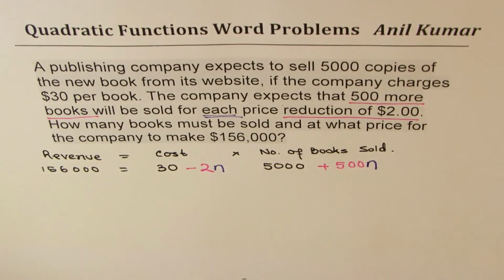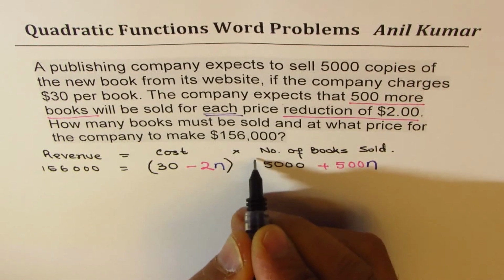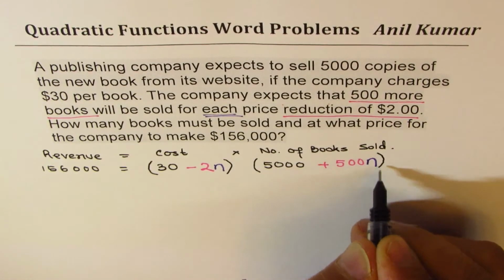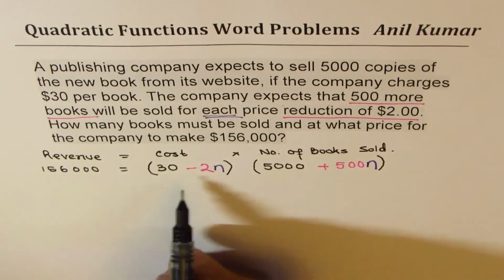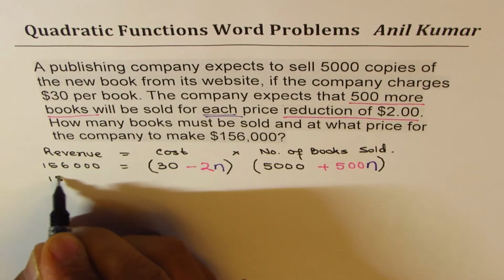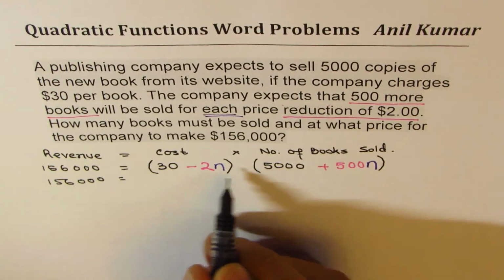Now this is the most critical part of solving the problem. So the revenue now becomes cost times number of books sold. Perfect. So let's expand this. You can actually pause the video, do the needful. 30 times, now you have to take care of zeros.